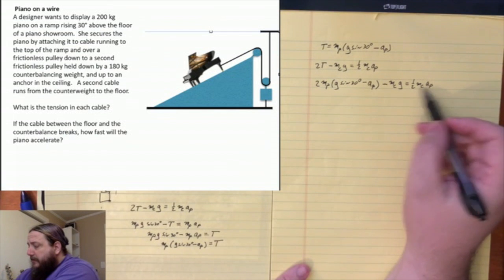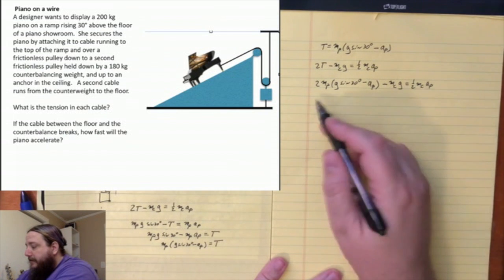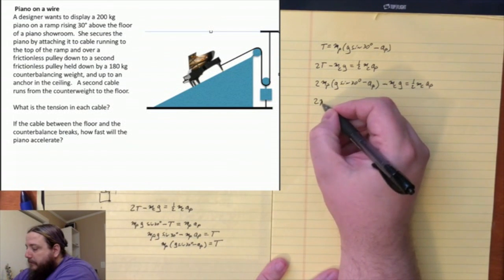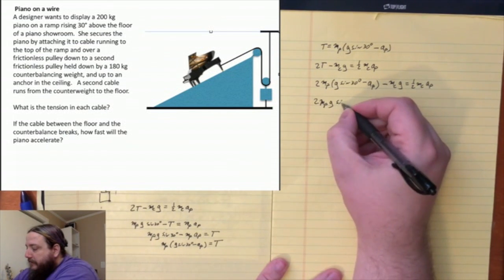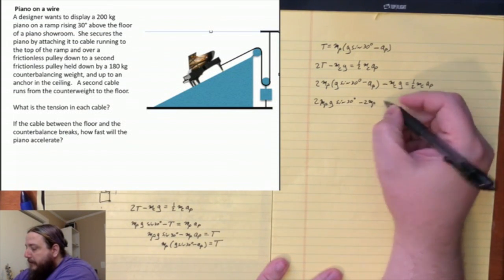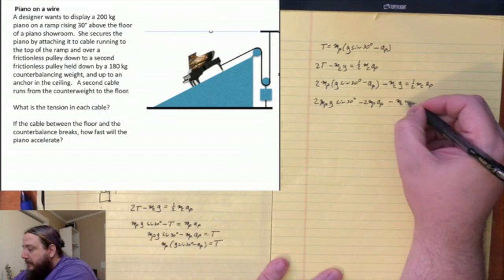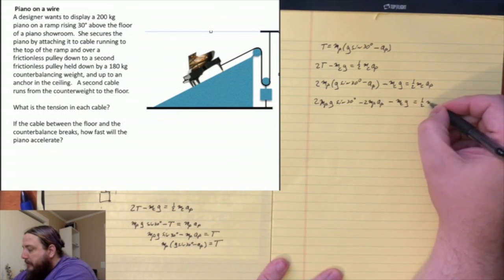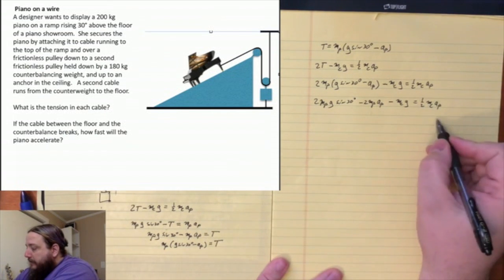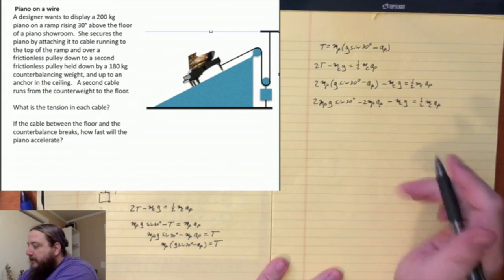And it's the acceleration of the piano that we're looking for, so we're going to have to collect that and expand everything out. So 2 mass of the piano times gravity sine of 30 degrees minus 2 mass of the piano acceleration of the piano, minus m_C times gravity equals 1/2 mass of the counterweight times the acceleration of the piano. We'll collect the piano terms over here on the right, and the other terms on the left.